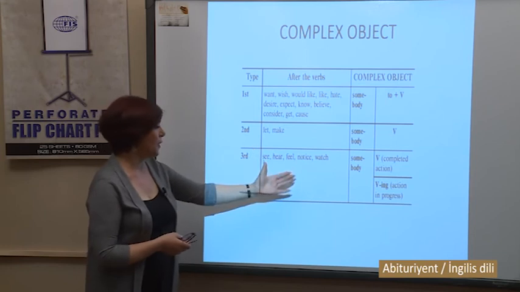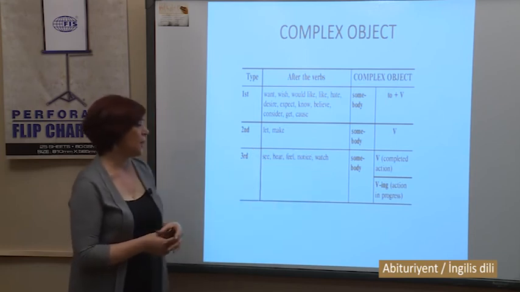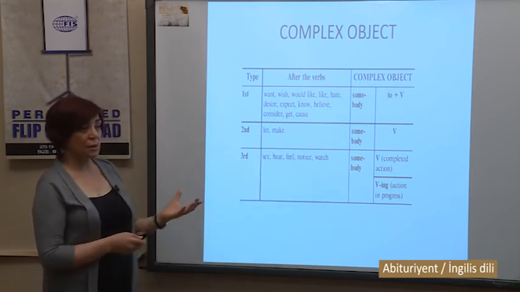See, hear, feel, notice, watch, etc. For example, I saw him cross the street. I saw him crossing the street. If it is without to, it means that I watched him cross the street till the end. But I saw him crossing the street, I didn't know whether he crossed or didn't cross.